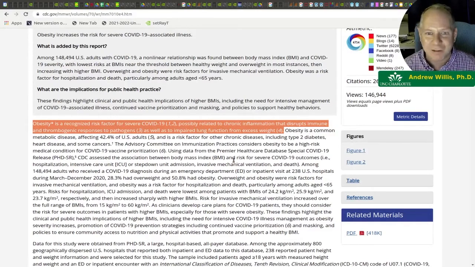So this paragraph has to talk about obesity, COVID-19, and some technical stuff: inflammation and immune and thrombogenic responses to pathogens, and finally impaired lung function from excess weight. Those are things they're saying are related.